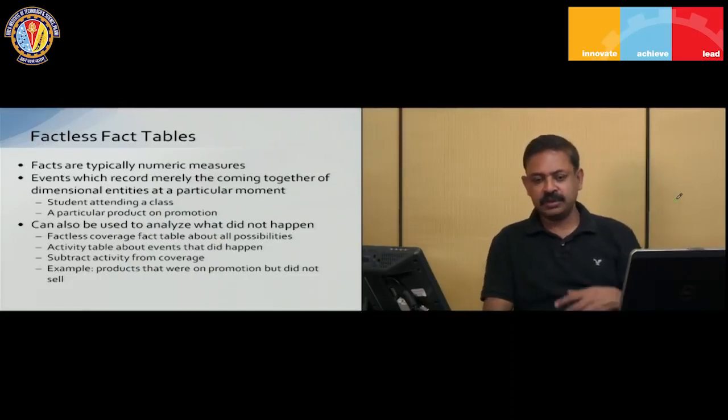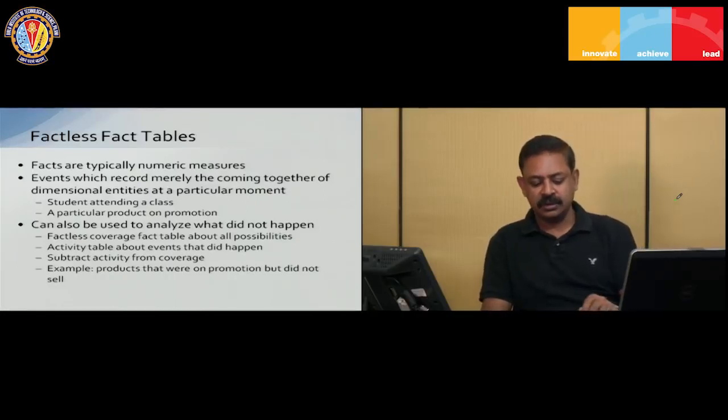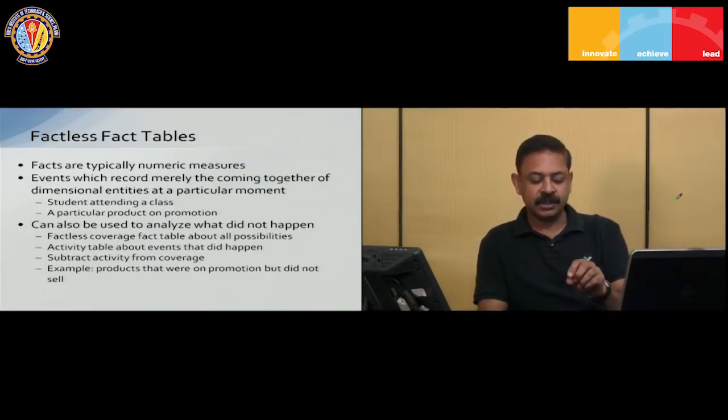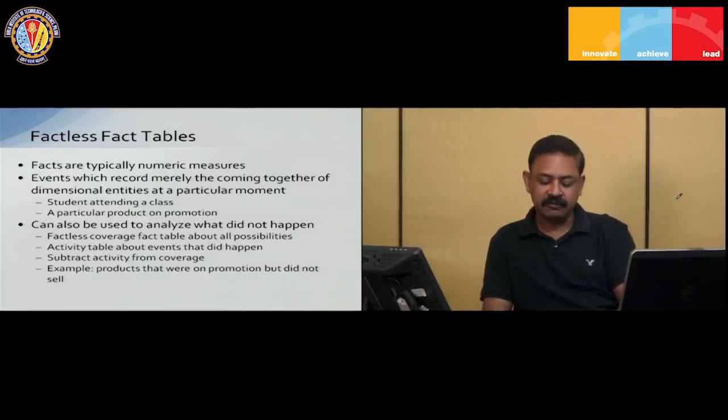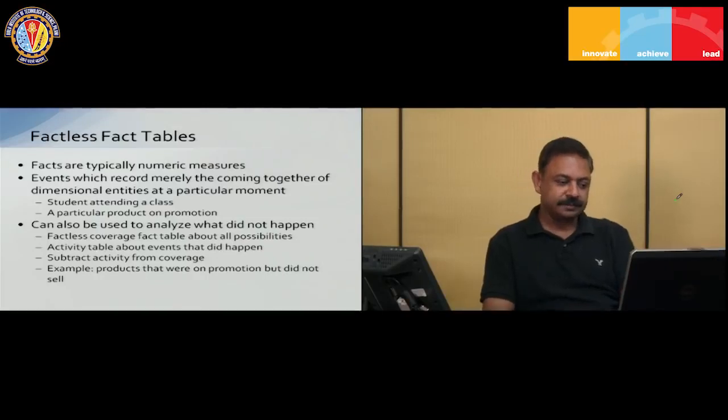When a student enters a classroom, we know the student's identification, the course identification, the day and hour of the day, the room, and the instructor. So all these things are known, right?